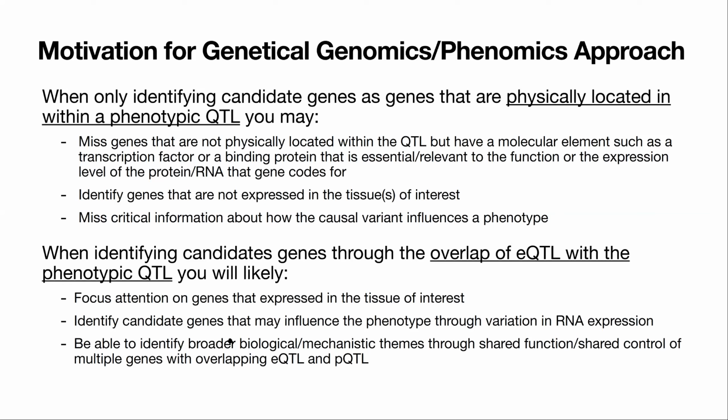And we might be able to identify broader biological and mechanistic themes by looking at genes that are controlled from the same region, although they may not all be physically located there. So they may have more of a mechanistic reason for having that shared transcription control. And we'll go into this a little bit more when we start to talk about networks.